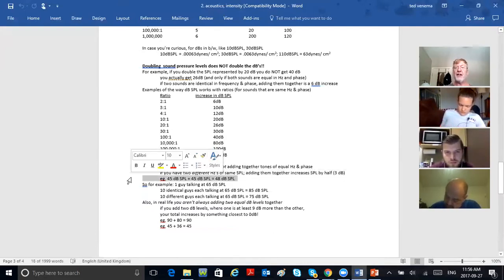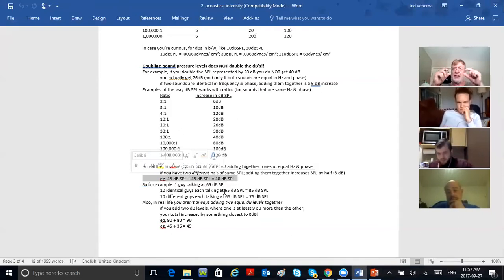So 45 dB SPL plus 45 dB SPL in real life, for all practical purposes, is 48, because no two sounds are exactly alike. Only in theory, if you were in a lab producing a 1,000 hertz tone at 0 degrees phase at 20 dB SPL, and then you added another of exact frequency and exact phase, then it would be 26. But otherwise it isn't. So here's your example.